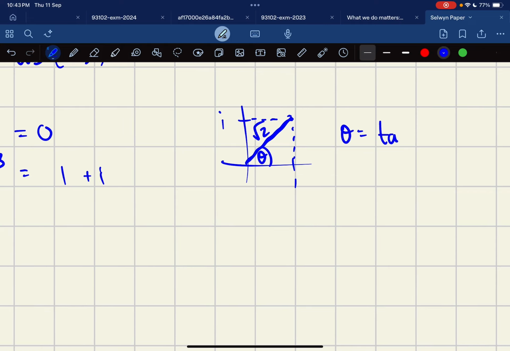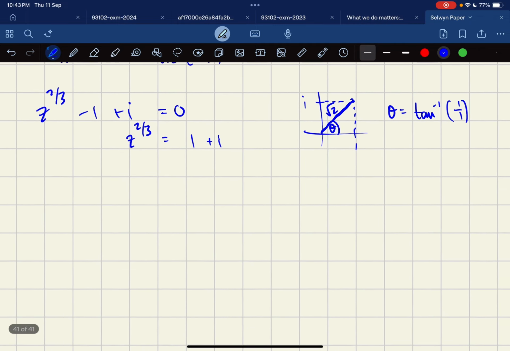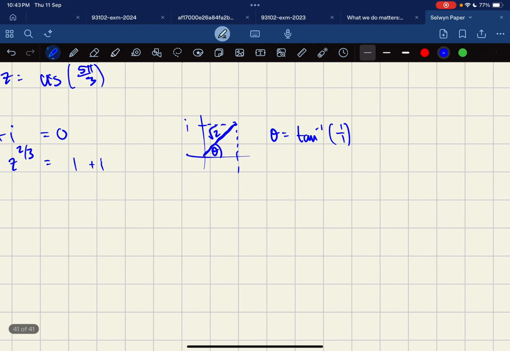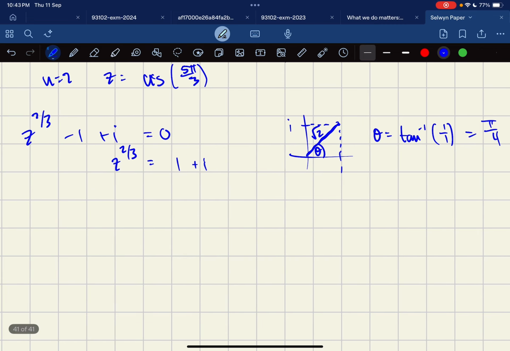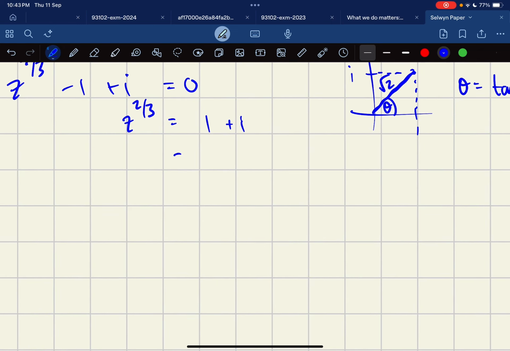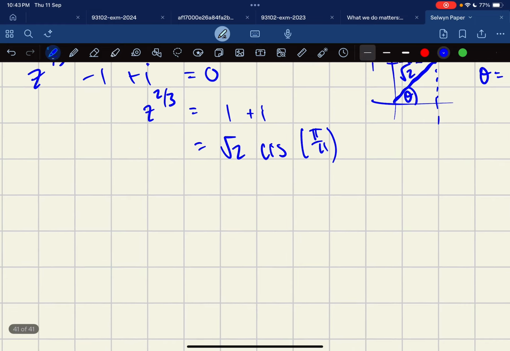You can double check that if you want. It's just 1 over 1, but it should be pi over 4, because the real part equals the imaginary part. Okay, so we can change this into root 2 cis pi over 4.